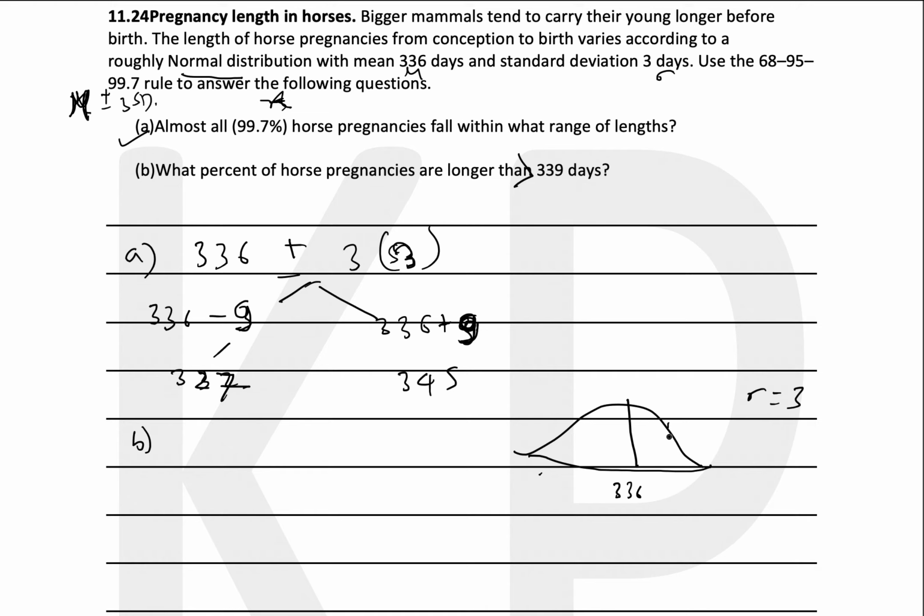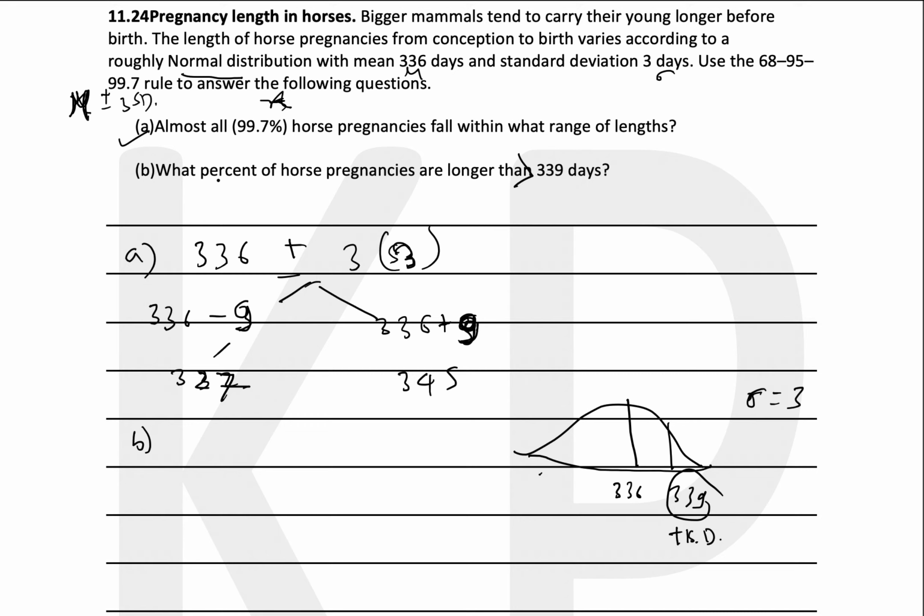So 339 would be somewhere here. Try to see if you can interpret this x value in terms of sigma. If you add one standard deviation, which is 3, to this 336, that's 339. So you know this number represents positive 1 standard deviation, greater than the mean.